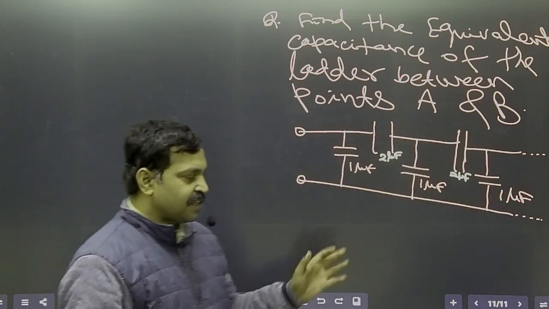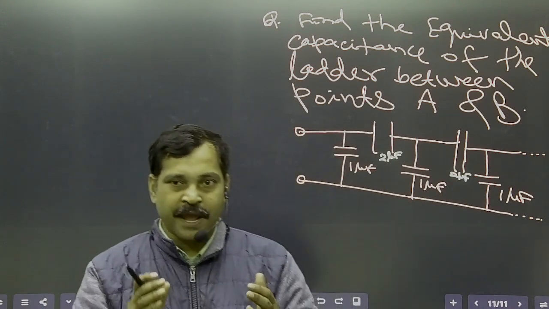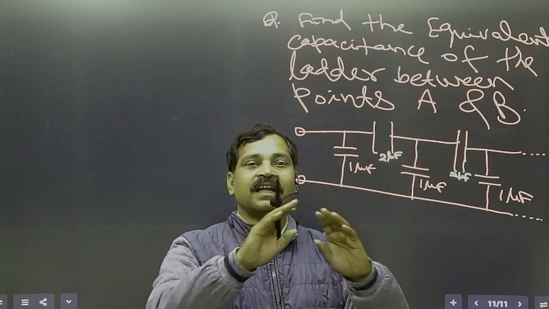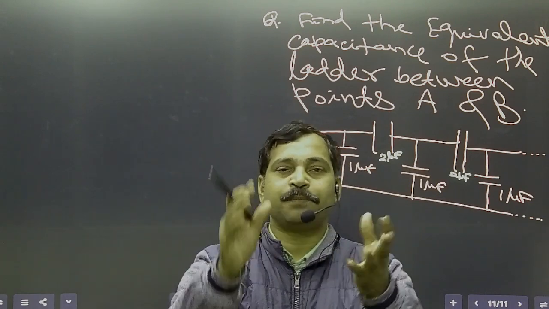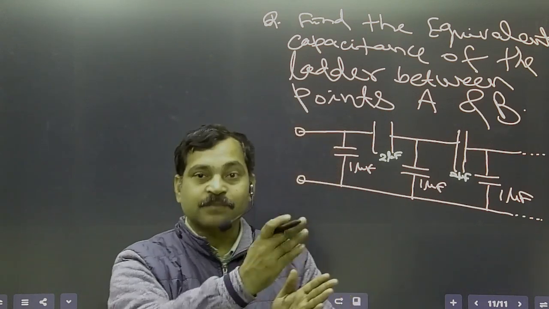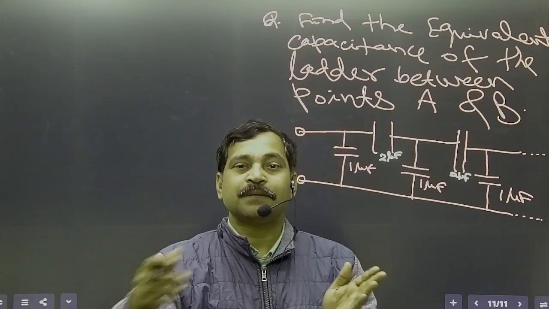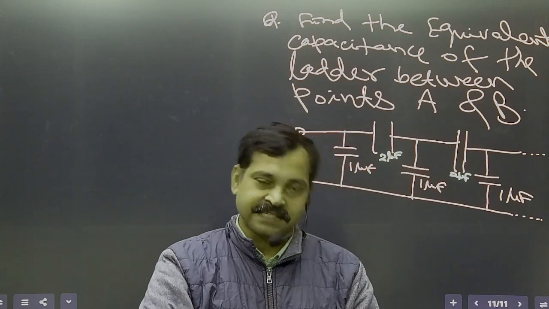In this type of configuration, we have to assume that the equivalent capacitance of this ladder is, suppose, C farad. So if we eliminate some similar sections which are repeating, then also the capacitance will remain the same.